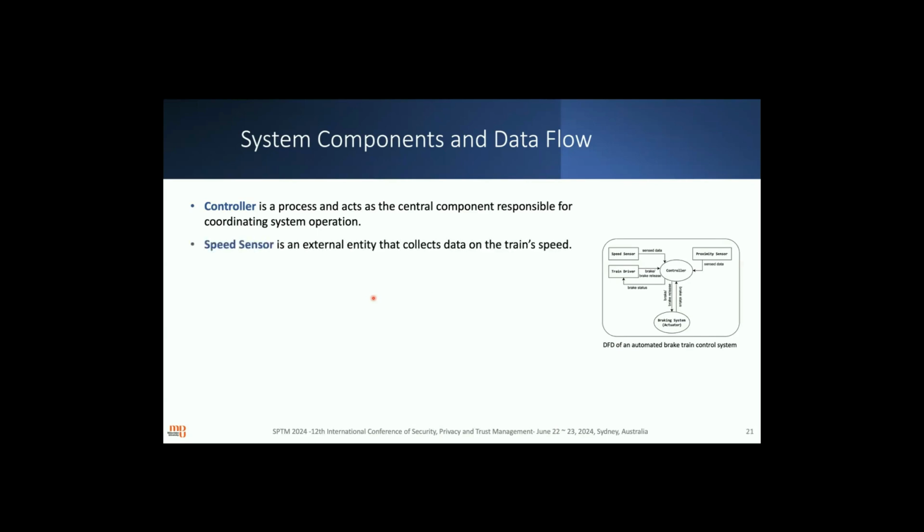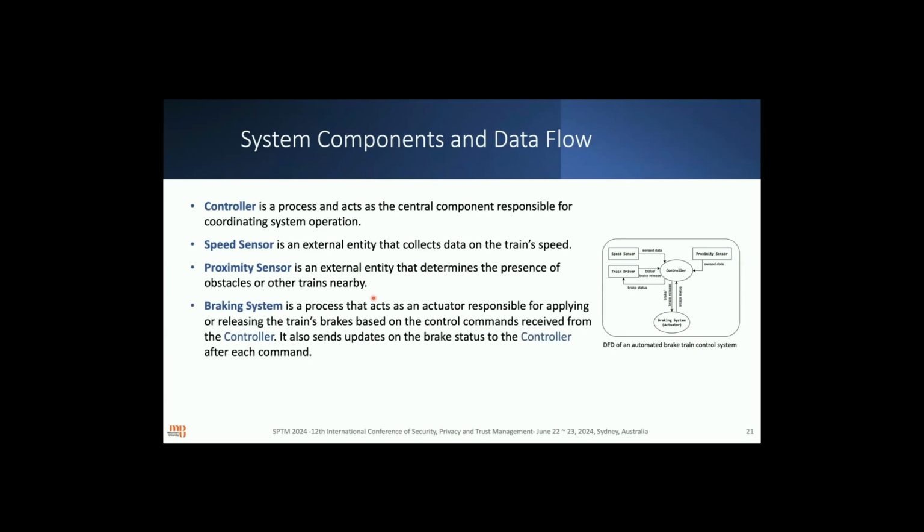The speed sensor is an external entity in our DFD diagram that tracks how fast the train is going. The proximity sensor is another external entity in our DFD diagram. It checks for obstacles or other trains nearby.